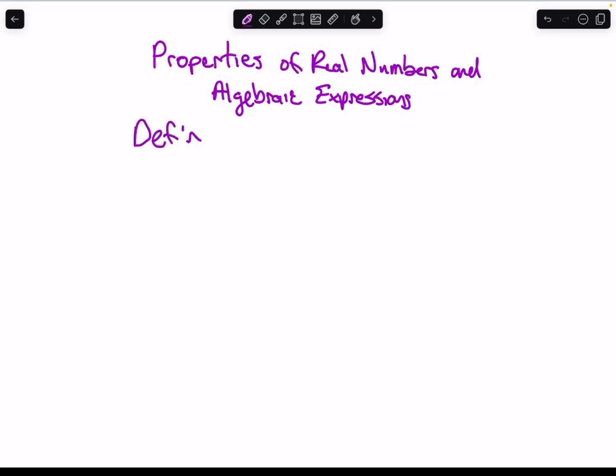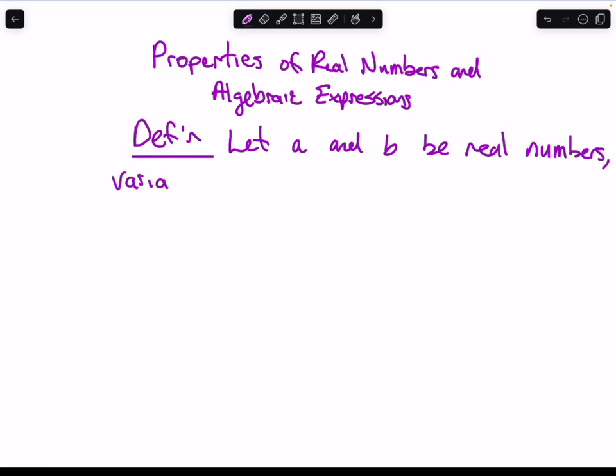Definition: let A and B be real numbers, variables, or algebraic expressions.